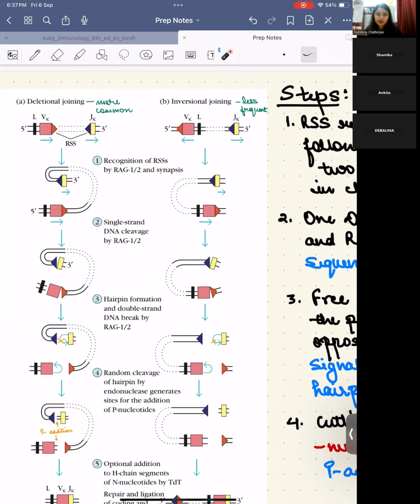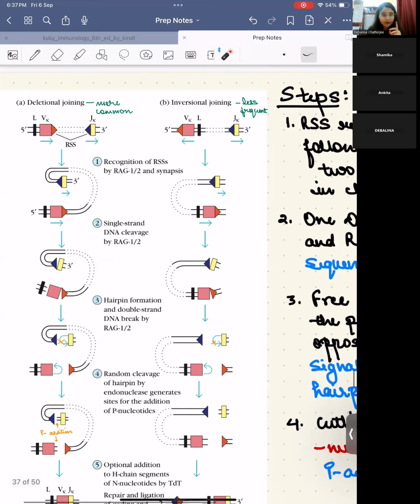The orientation of the gene, which is determined by the promoter present. If we have the promoter present here, the reading frame is like this, right? And if we also have the promoter for the other gene segment, which now has to join, which is also here, then the reading frame is falling in the same direction.